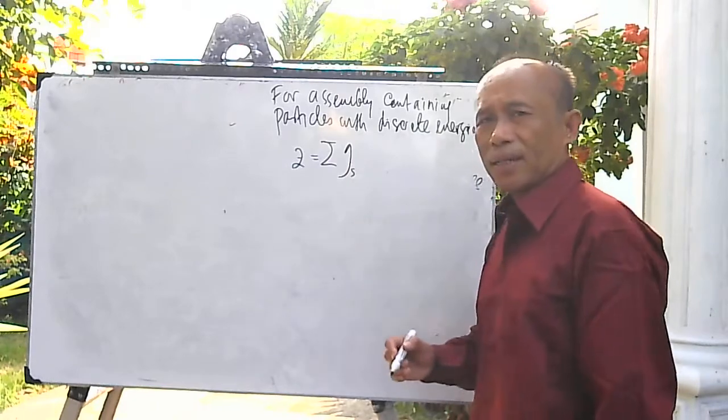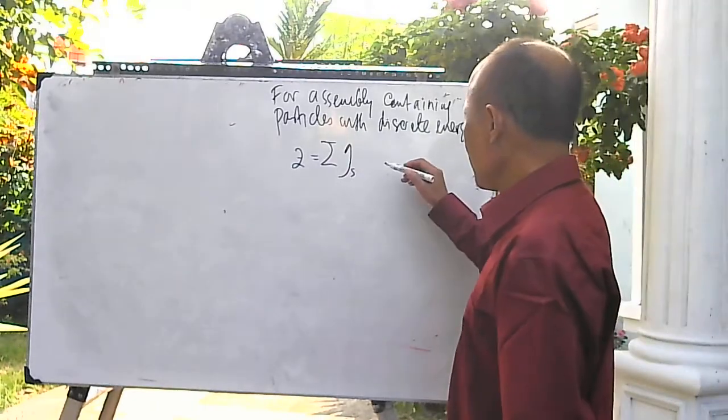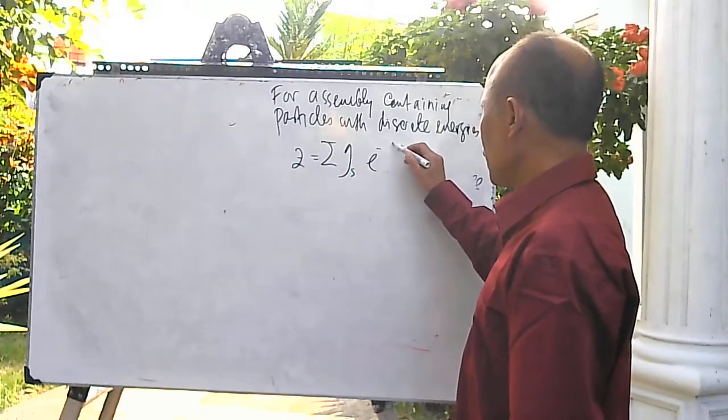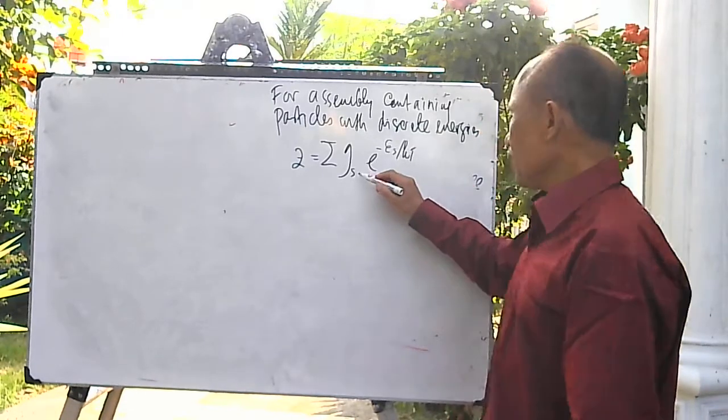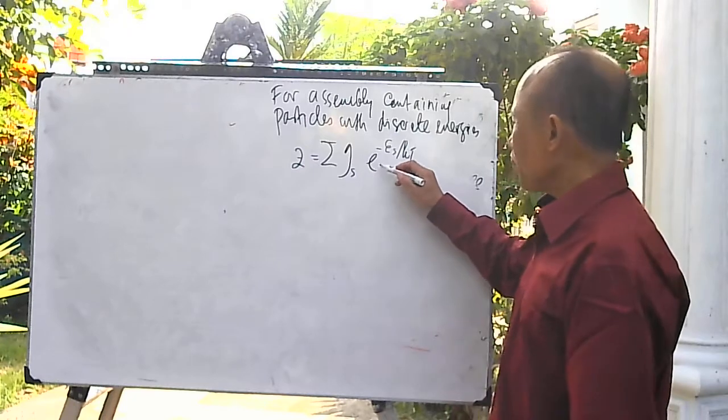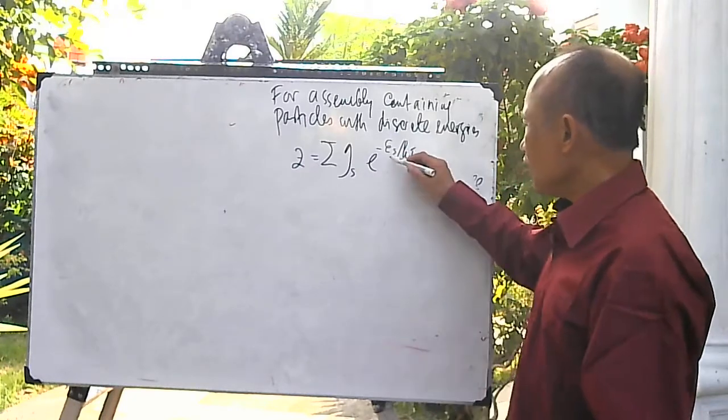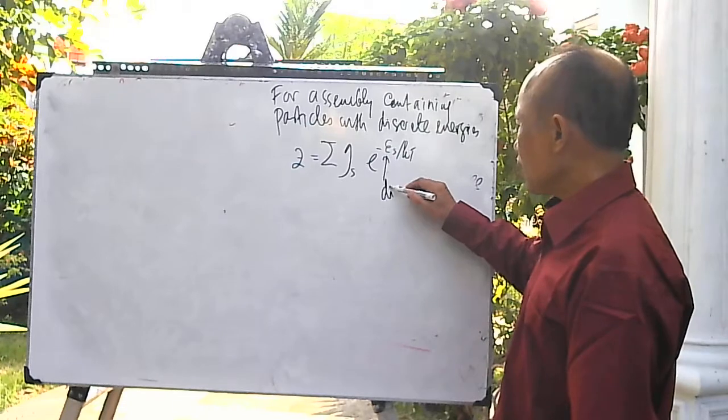Here g_s is the degeneracy, and this is the exponent of minus epsilon_s over kT. This is the number of arrangements of one particle. This is the particle energy, and this energy is discrete.